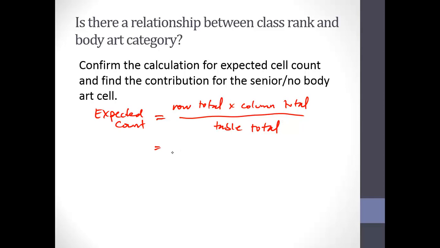And so if you look there, the total number of seniors that we have is 115. So this is 115 times the total number of people in the no body art category, which is 247. And that's out of the 490 people we have in the table.